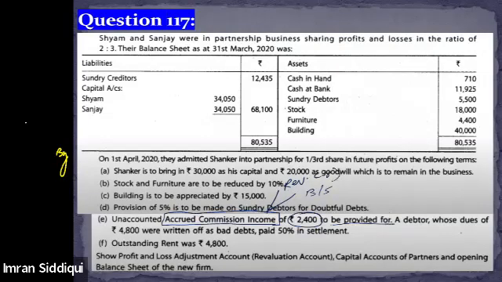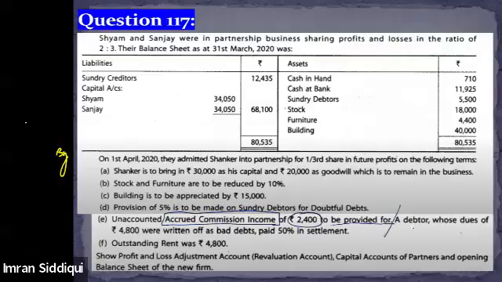So basically, accrued commission means an increase in the value of the asset, and since the value of the asset is increasing, we'll record it on the credit side of the revaluation account, and at the same time, the same amount will be recorded in the balance sheet on the asset side. I hope this point is clear. Yes.